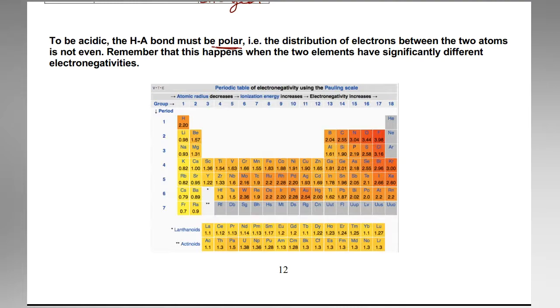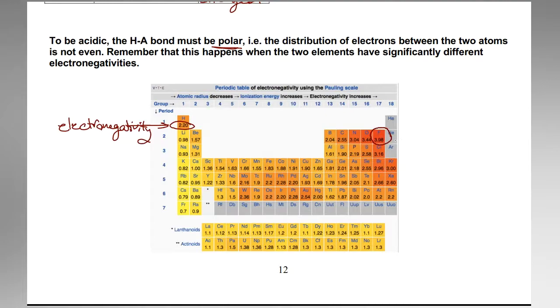So remember that electronegativity is this property of holding electrons close to a particular atom. And this periodic table that I'm showing you here below lists below each atomic symbol the electronegativity for that atom. So here below hydrogen, you see the electronegativity of hydrogen on the Pauling scale, which is the one shown on this periodic table, is 2.2.